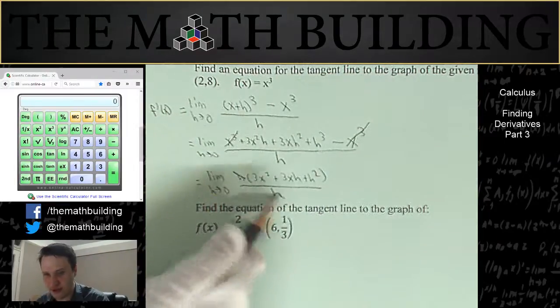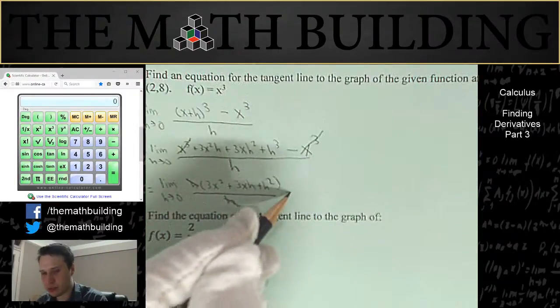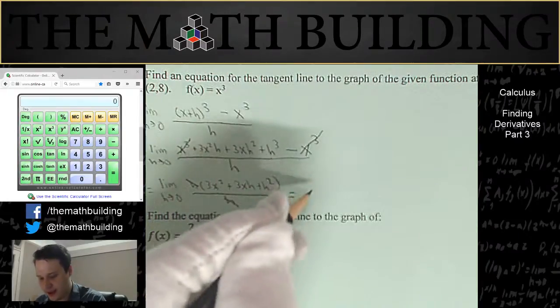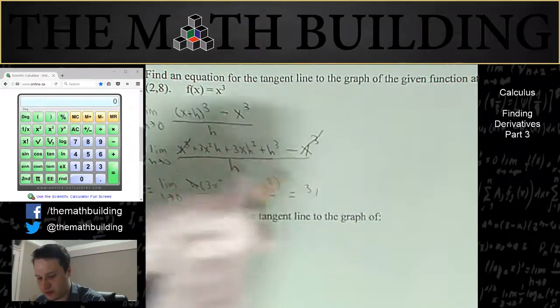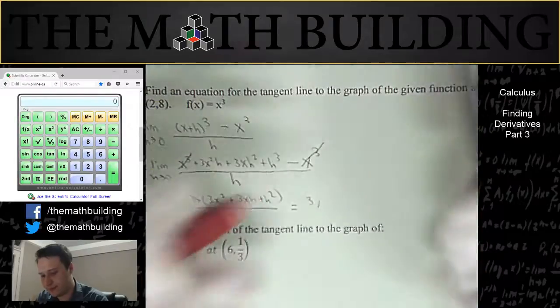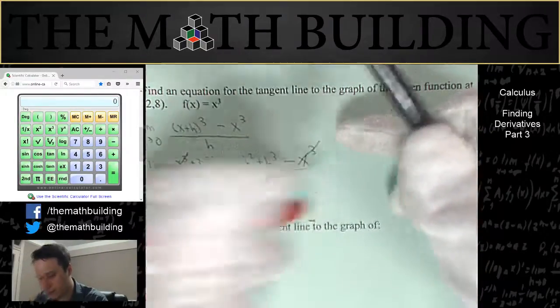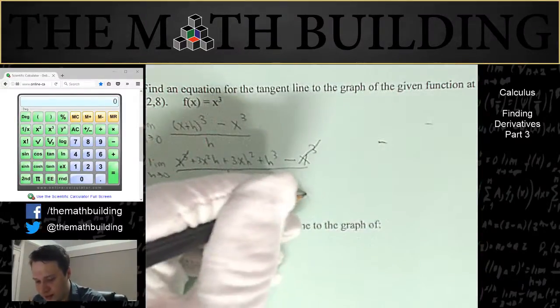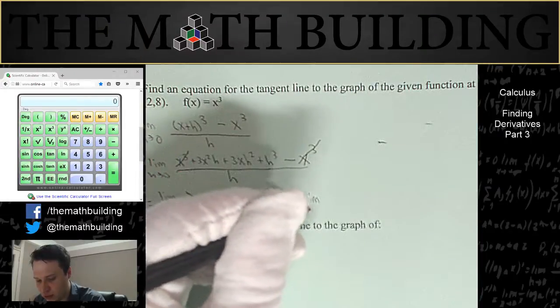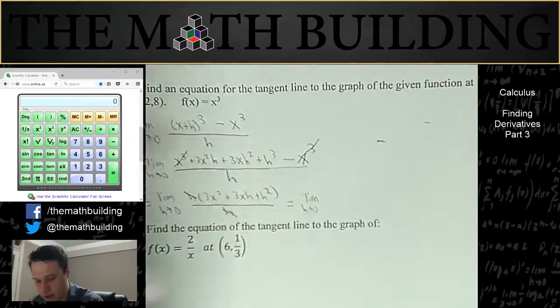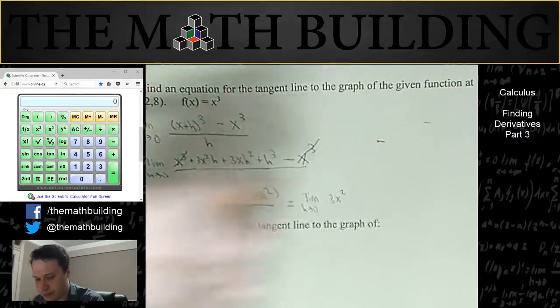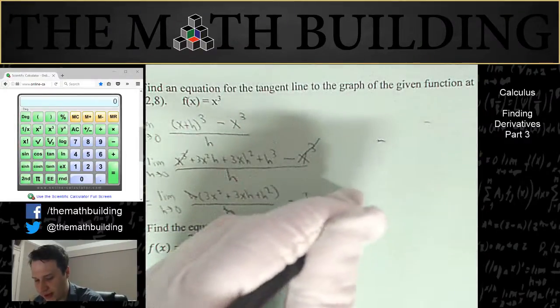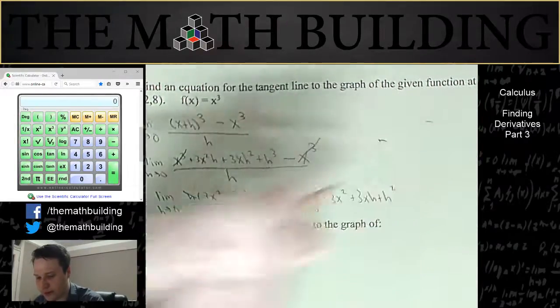So that h cancels with that h. Oops, I'm sorry, I still have my limit. So that equals the limit as h approaches 0 of 3x squared plus 3xh plus h squared.